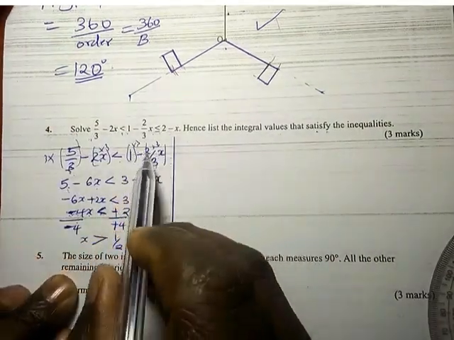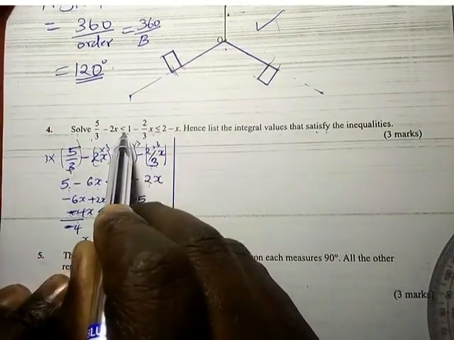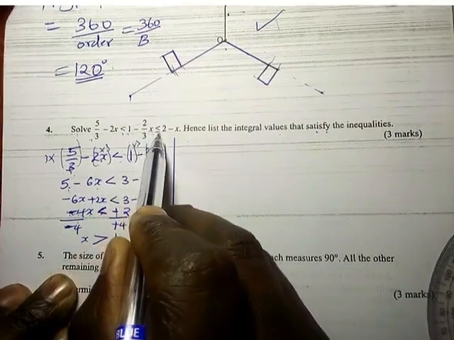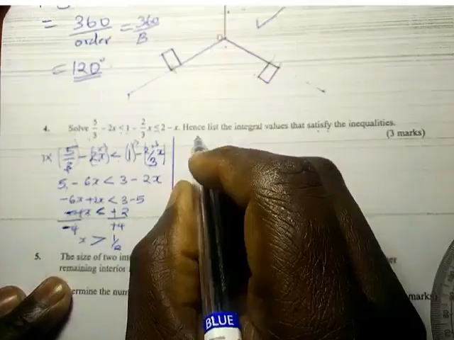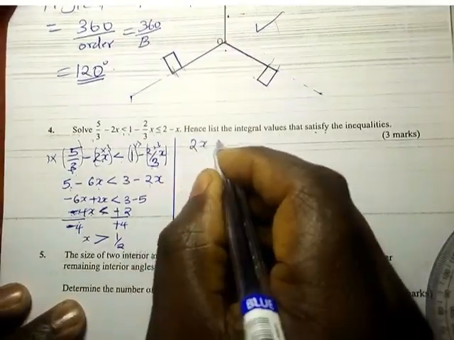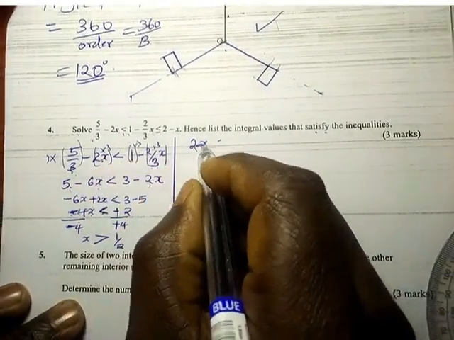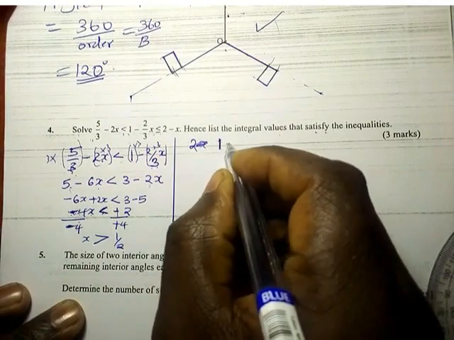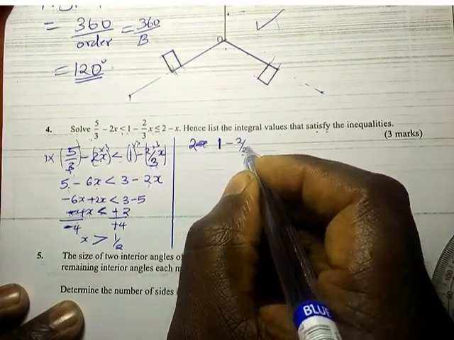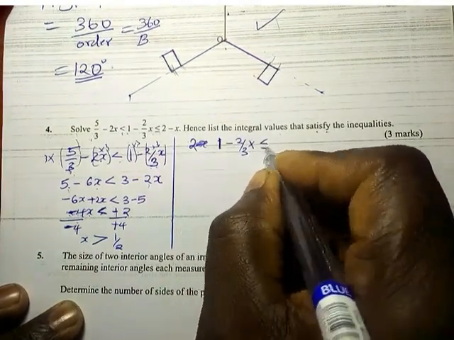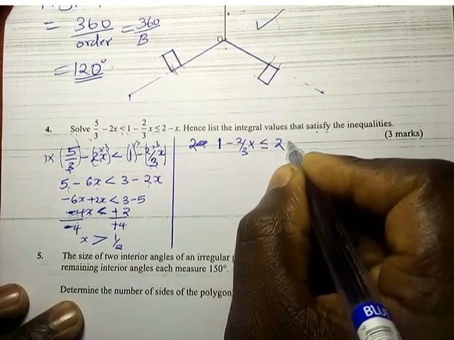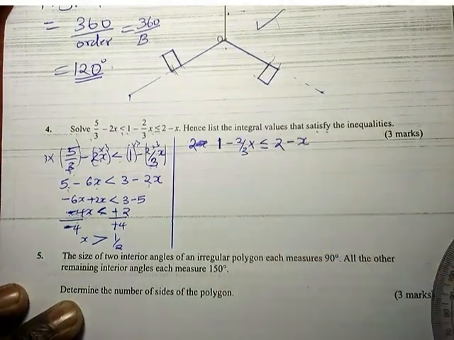Sasa tunachukua the second part. The second part ni kuanzia hapa mpaka hapa na hapa mpaka hapa. Sorry, not 2x. 1 minus 2 over 3x is less or equal to 2 minus x.